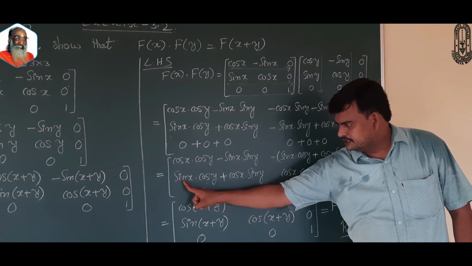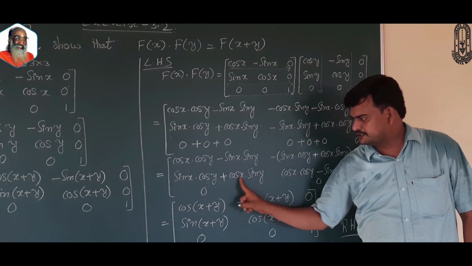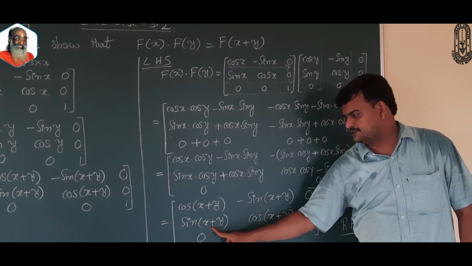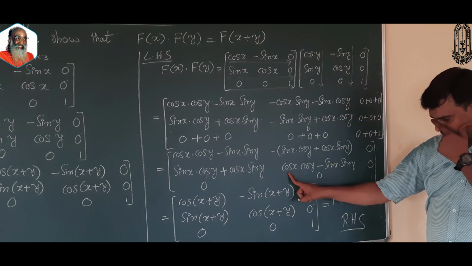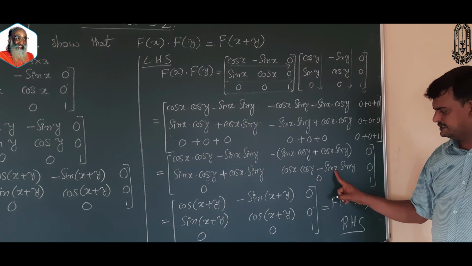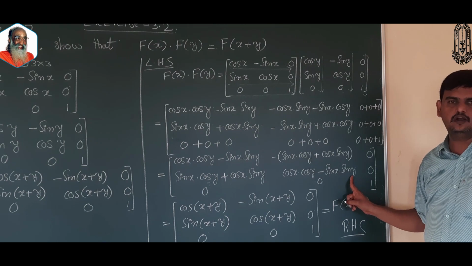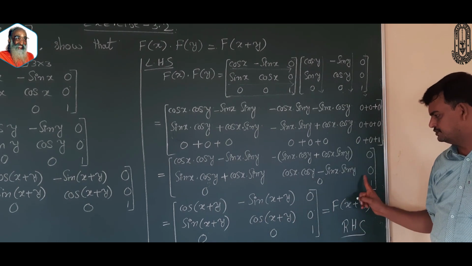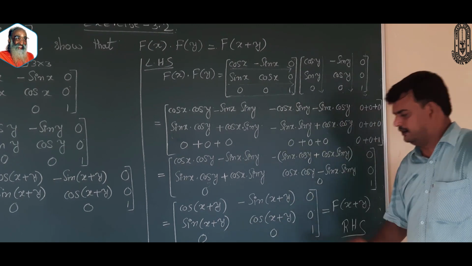Similarly here, it is also just like sin a cos b plus cos a sin b. I can write it as sin a plus b, meaning sin x plus y. Cos a cos b minus sin a sin b is just like the cos a plus b formula, so I can write it as cos x plus y. So 0, 0, 0, 1.